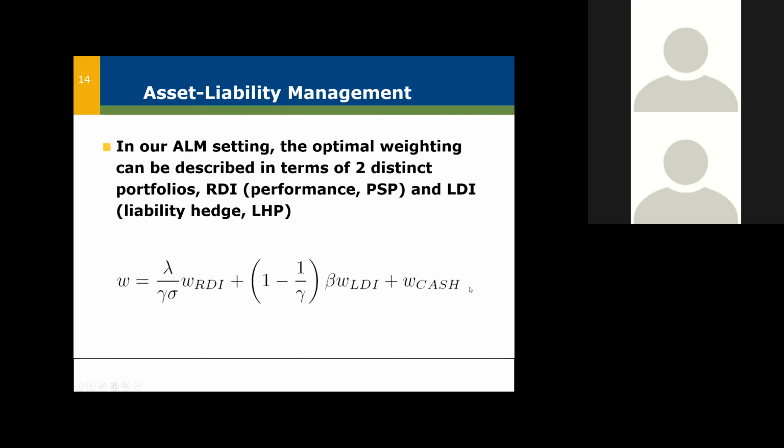And then typically the cash is going to be negative, because you're going to want to have a large bond portfolio to match your liabilities, but you're also going to want to have a large investment in your RDI portfolio to make returns to keep pace with your liabilities. So this cash is probably going to be a large negative weight theoretically.